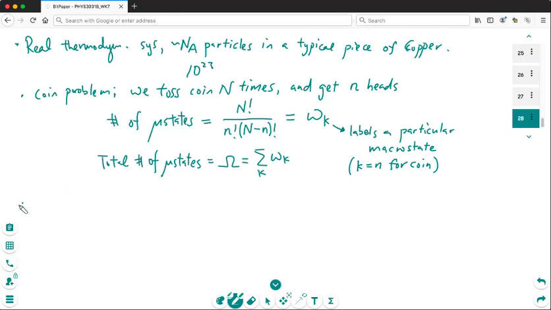Okay, so for the coin, because I want to get a general formula, I'm going to take the large N case. So I'm going to look at large N for the coin problem.